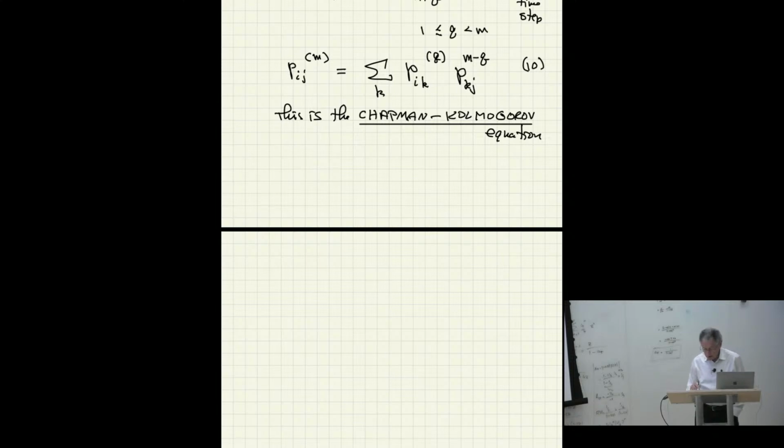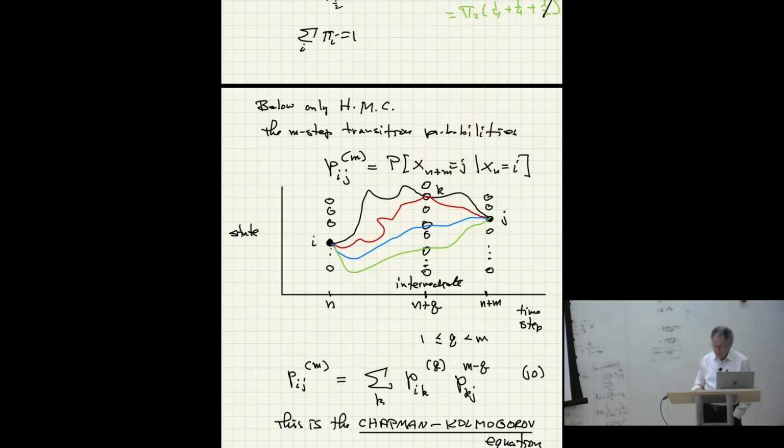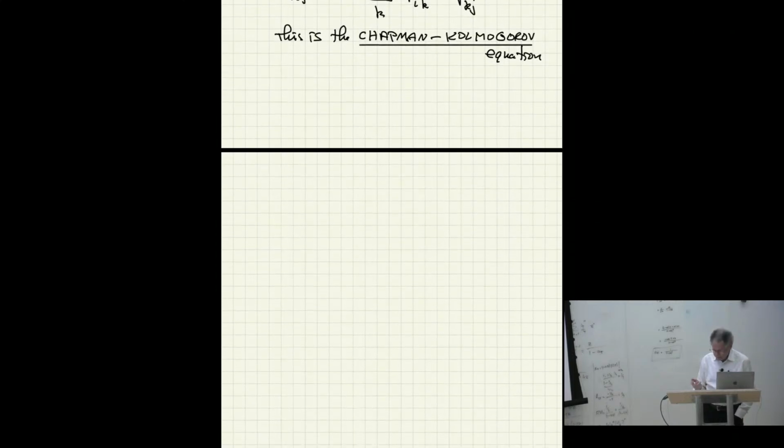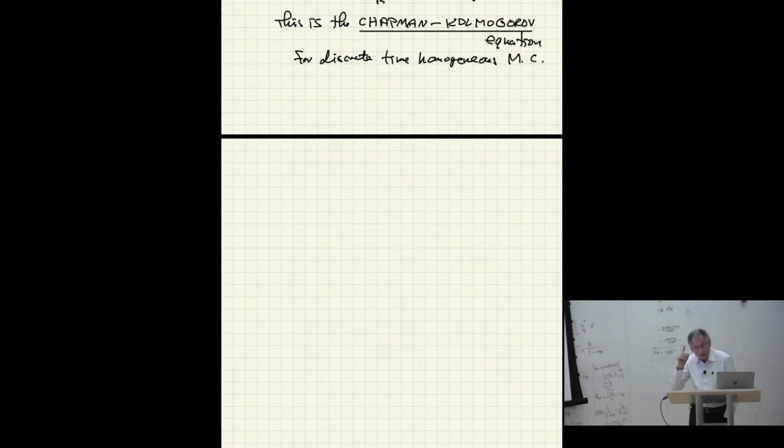And this one was, as I said up front, for discrete time. Because I've implied that, let me say it exactly, so I'm going to write it out. For a discrete time, homogeneous Markov chain, which means the states are discrete.